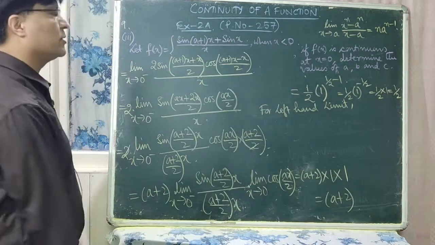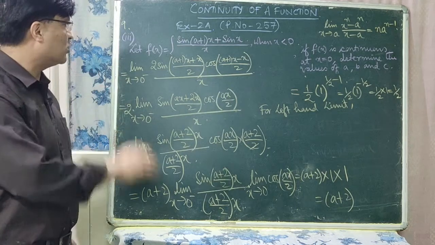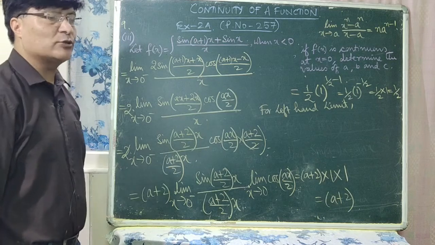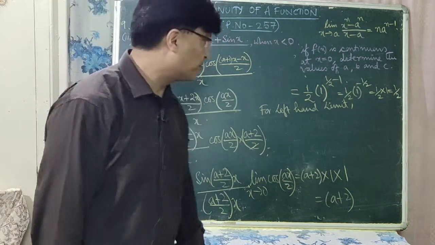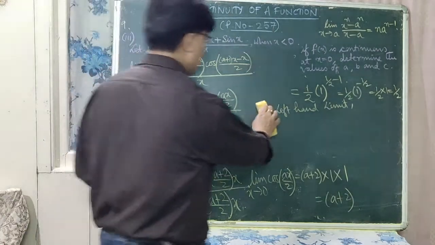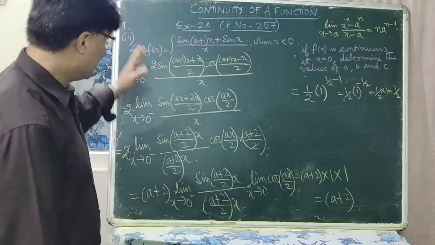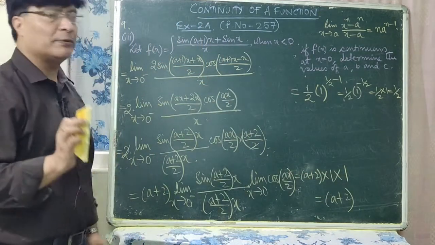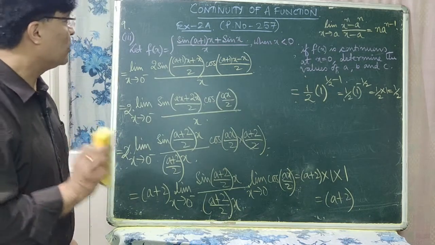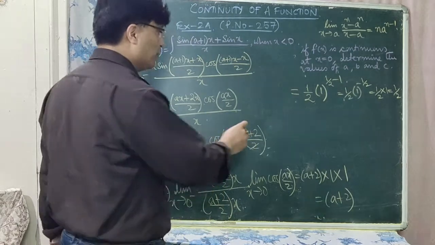So we got this left hand limit. Okay, so this is your left hand limit, that is limit x tends to 0 minus f of x. What is this value? It is a plus 2. So I think you have understood it. And this was your right hand limit, which is equal to half. Okay, and the left hand limit here is a plus 2. Now what will you do in the next step? So in the next step, you have to find out the value of f of x when x is exactly equal to 0.